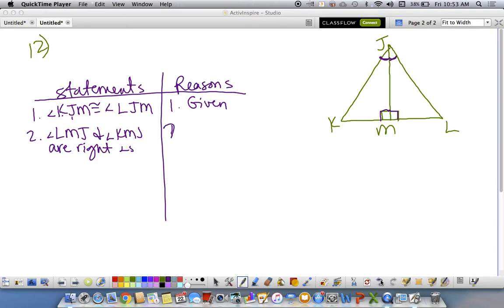That's number 2. If you want to write those two together, because they're both given, they tell us that they're right angles. They don't technically tell us that they're congruent. But what do you know about every right angle? Every right angle has to be congruent. Is there a theorem about that? Yes, there is.